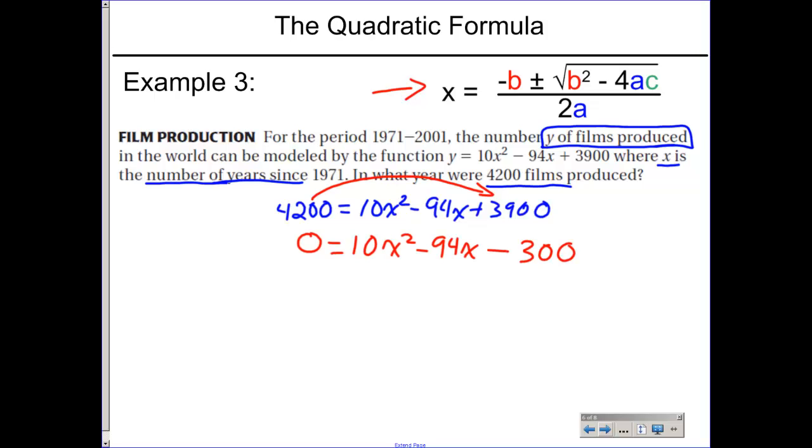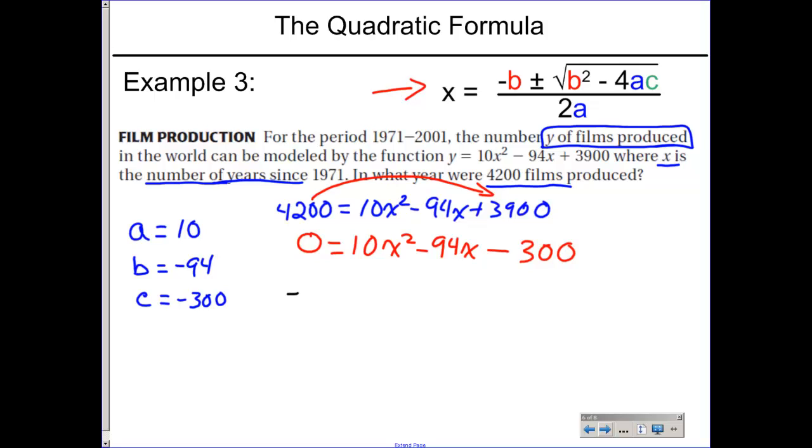Make sure you use a calculator there. That's 3,900 minus 4,200. The next thing you want to do is identify your A, your B, and your C values. So A is 10, B is negative 94, and C is negative 300. So go ahead and drop them into the equation.